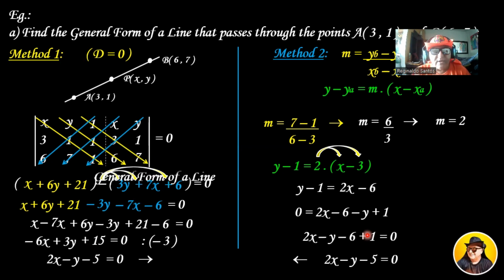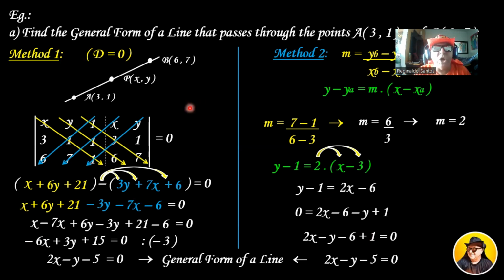All right, so you can see that here we have the general form of a line, but done in 2 different methods. Here, doing by the determinant using the Sahi method, the law of Sahi, and here using the slope formula.